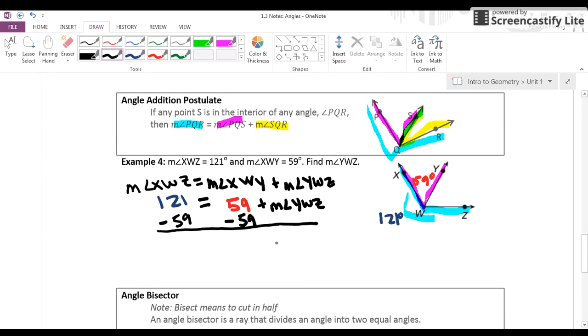So inverse operations here. The measure of angle YWZ is equal to 62 degrees. Double check, is that all I was looking for? Right, look back at your directions. Yes, all we're looking for is finding the measure of angle YWZ. So I've answered my question. So that's your angle addition postulate.